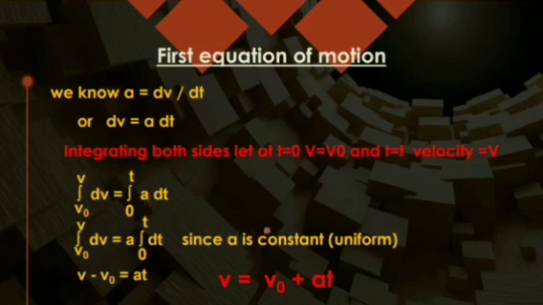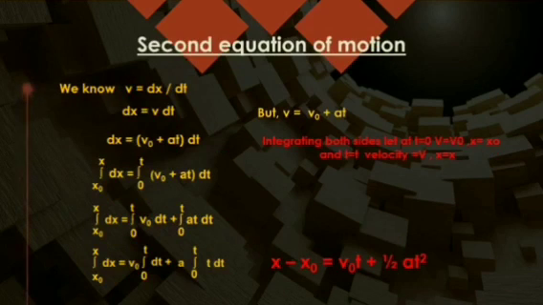Since a is constant, it is taken out, and the integral of dt is simply t, with upper limit t minus 0 giving t. So you get v equals v0 plus at, which you have done by the definition and by the graphical method. This we have now done by the calculus method. You should know all three methods.